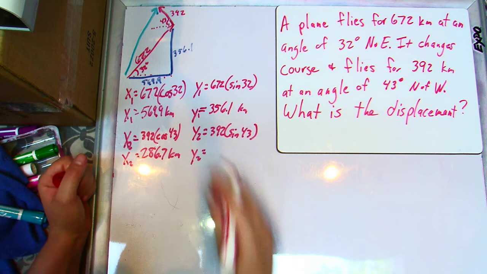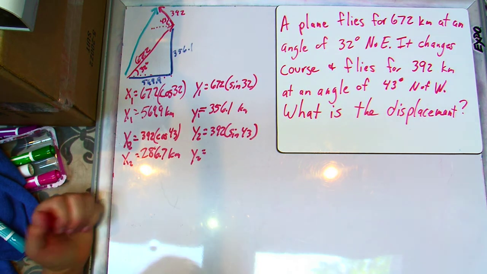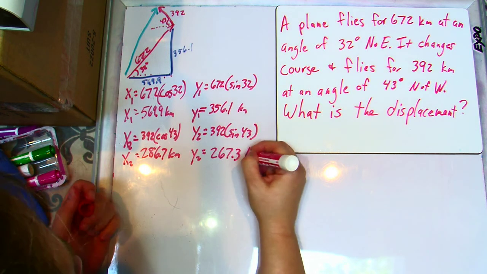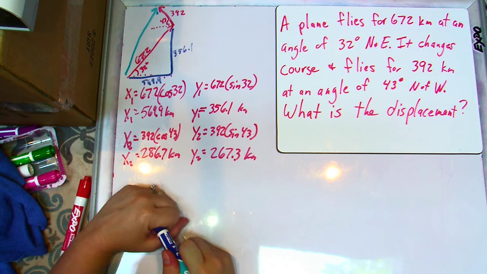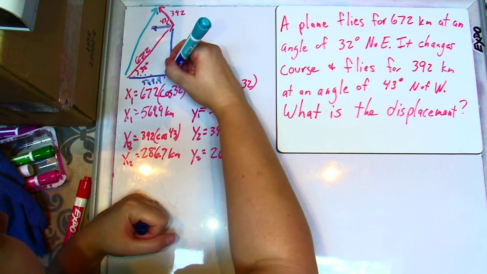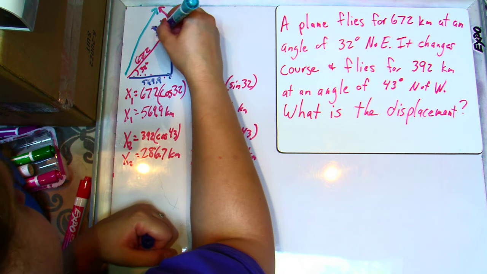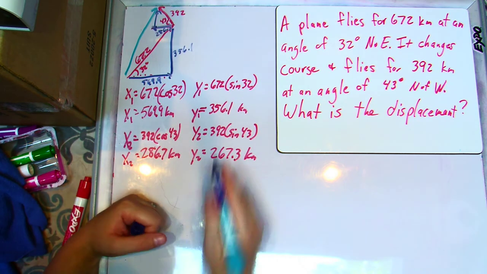Go through, solve that, and y2 equals 267.3 kilometers. Now what we're saying for this one is this is its x value, 286.7, and that is its y value.